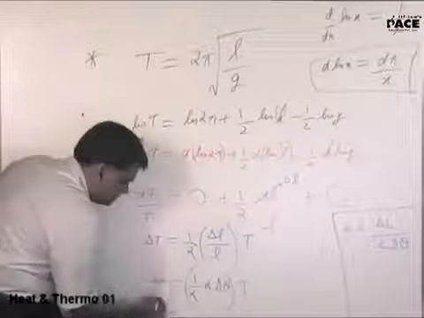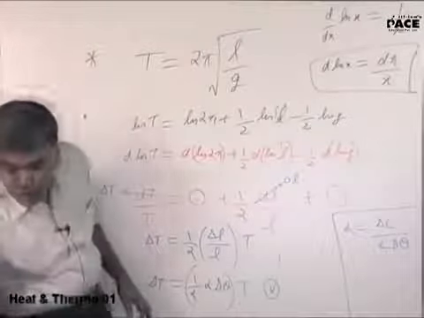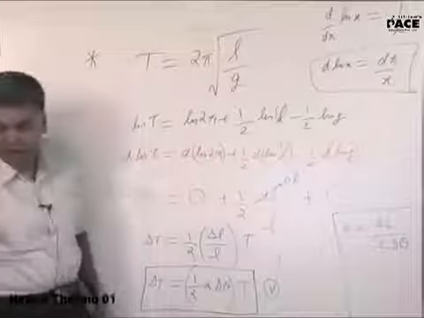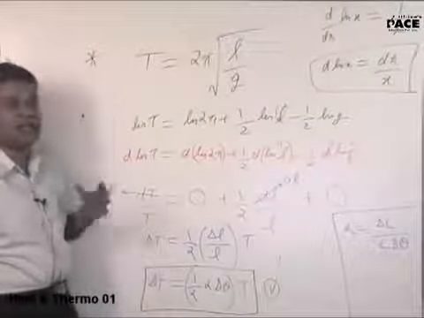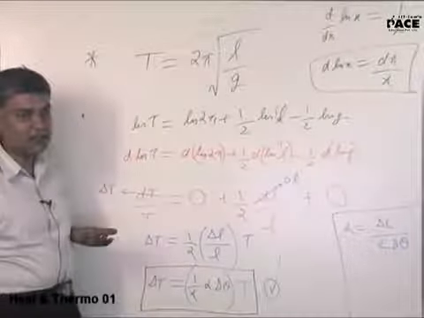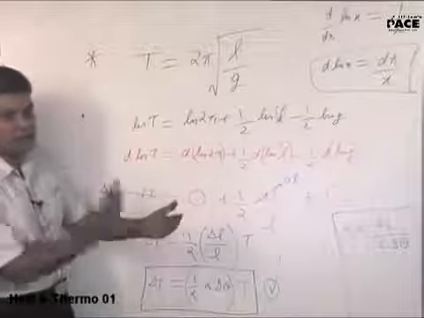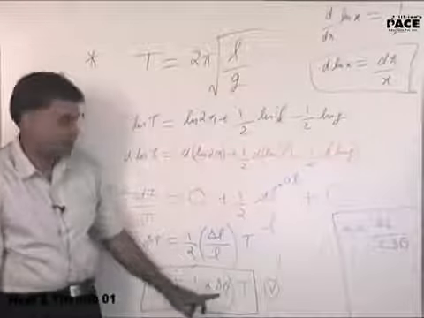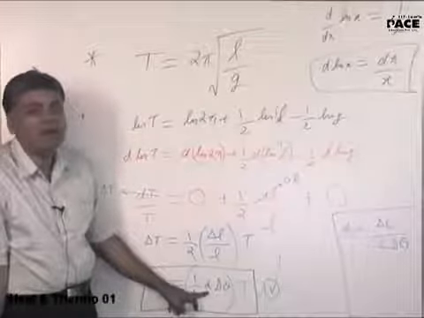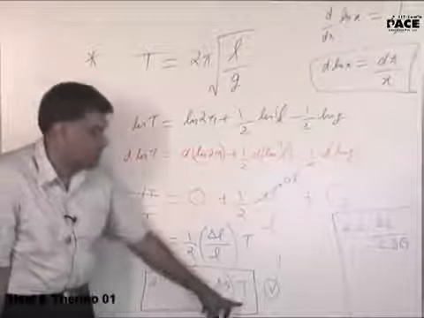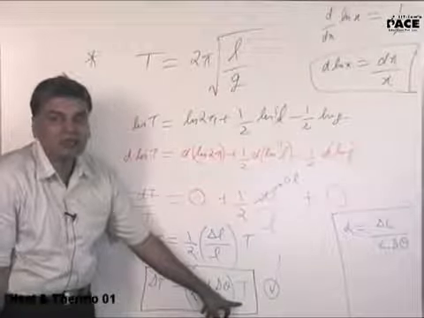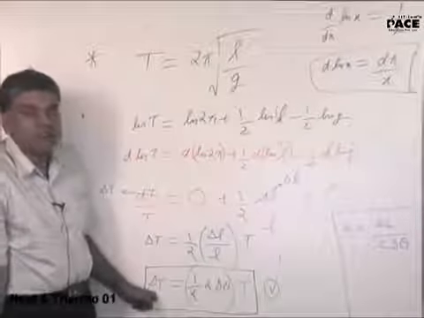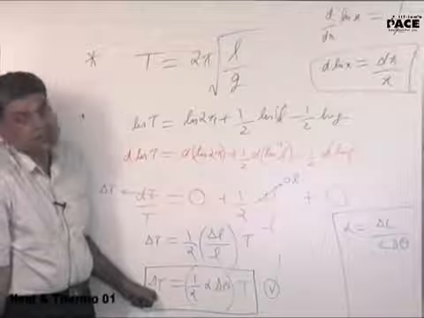Well, that's the idea. You will know how much time we lose in a day. Suppose the clock is correctly calibrated for winter. For summer, we'll have to check the winter-summer temperature difference, maybe 20. So we'll put delta theta as 20, alpha for whatever metal your pendulum is made of, and t in a single day as 86,400. Put these values, you will know how much time you lose. Your clock will go slow by that much amount.